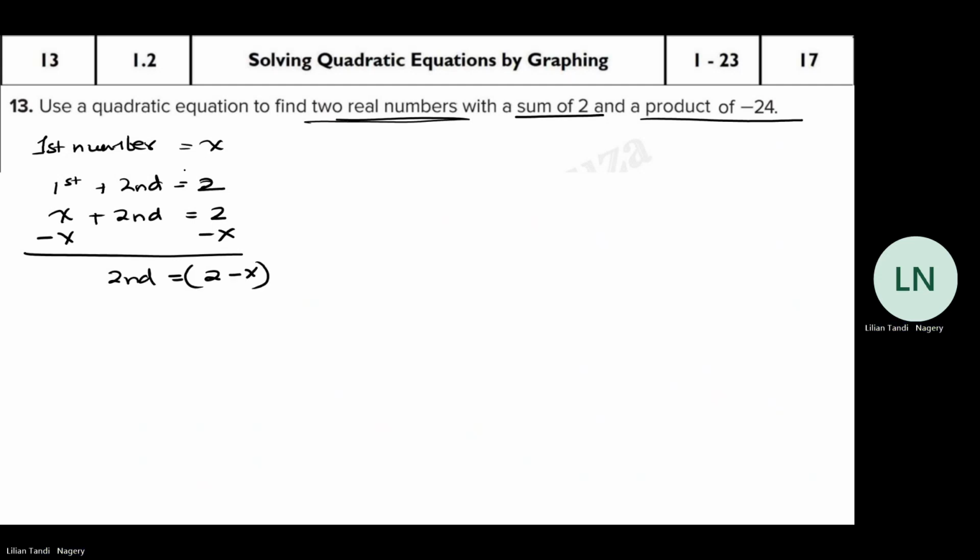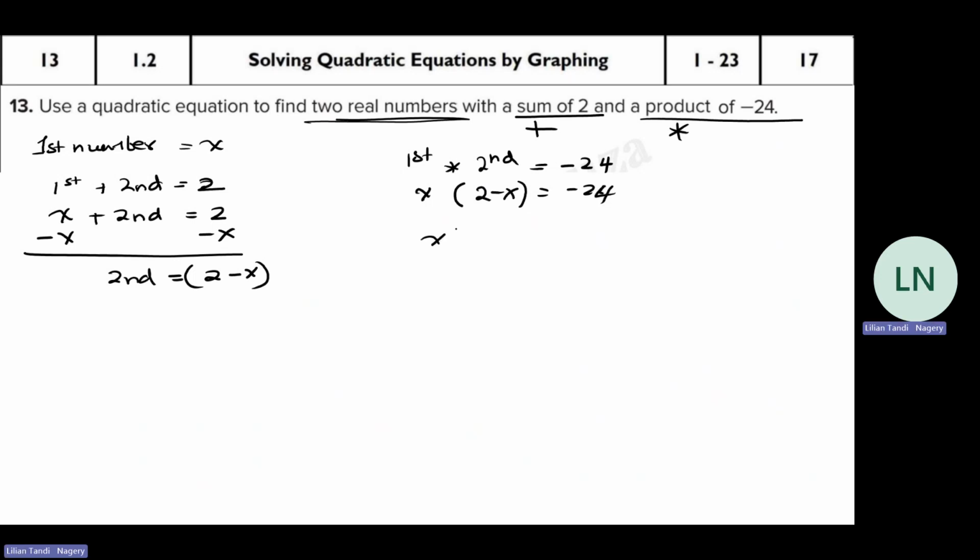Okay? Now I know that sum means to add, product means to multiply. So the product of the first number times second number should equal -24. First number is x, second number 2 minus x should equal -24.